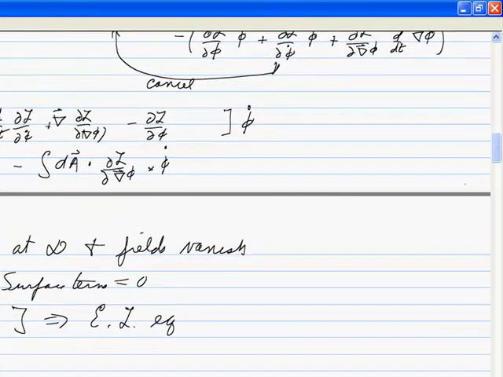Does everyone remember them? They're from the earlier class. This was the Euler-Lagrange equations, and the Euler-Lagrange equations then say that dH dt is 0, so the energy is conserved.